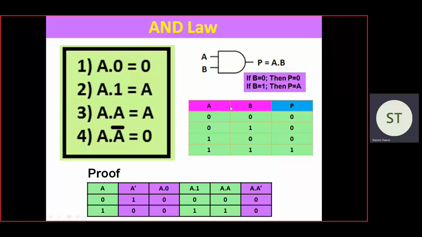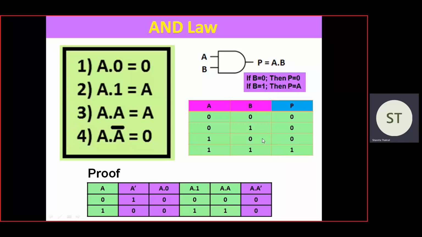If A and B are two inputs, there are a total of 4 combinations possible: A and B can be 0 0, or 0 and 1, or 1 and 0, or both 1 1. If A and B are 0 0, P is 0. For the 0 1 combination, again P is 0. For 1 0 it is 0, and for the 1 1 combination it is 1.